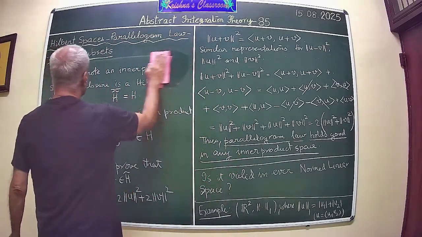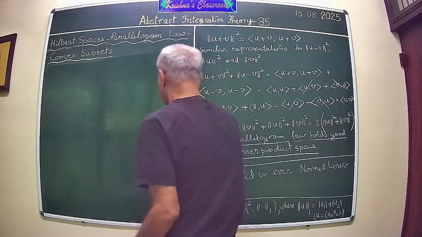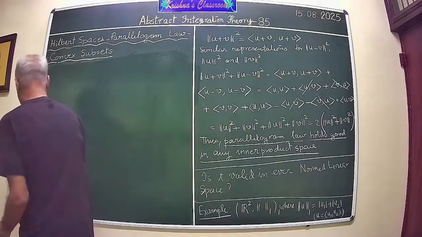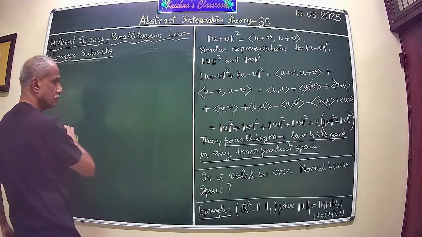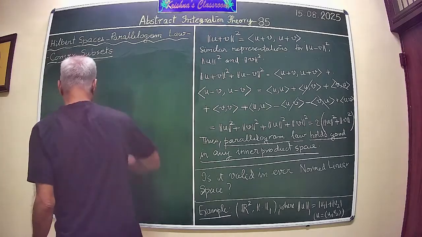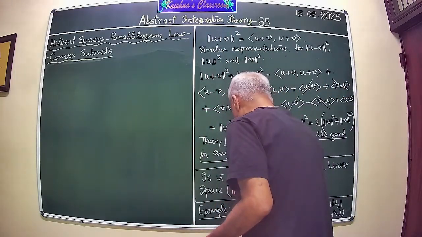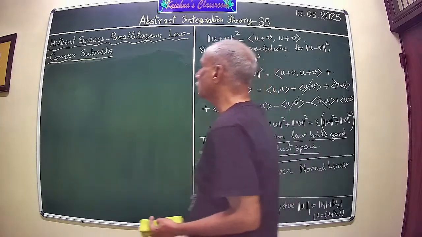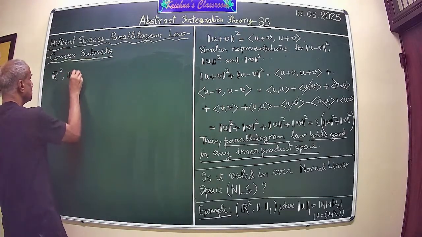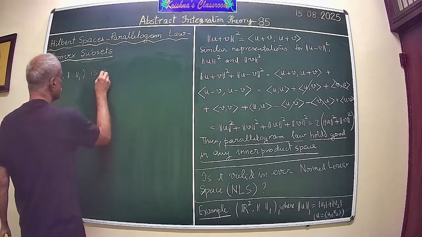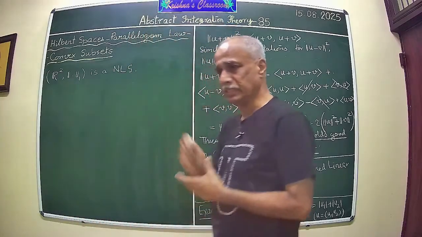So this is a normed linear space. I mean, that's something that you can easily prove.